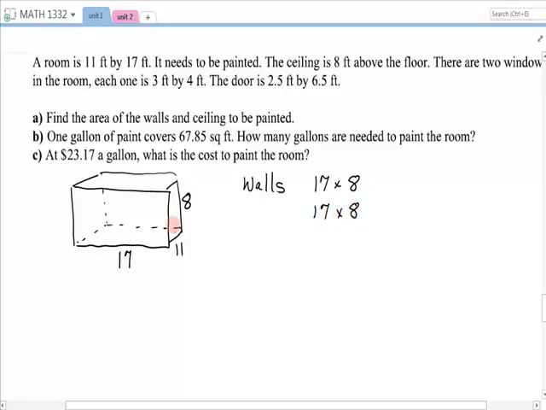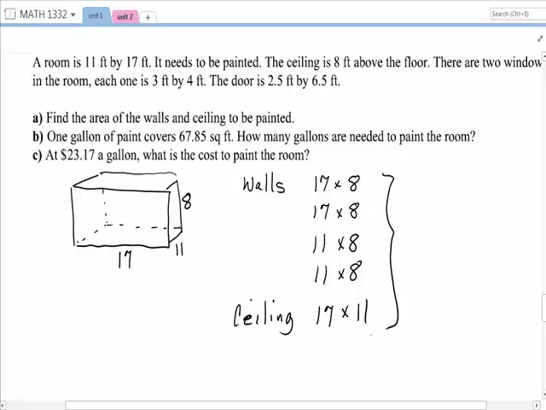And then I have the smaller walls that are what? 11 by 8? And then I've got to do the ceiling. What are the measurements of the ceiling? Isn't the ceiling the same as the floor? 17 by 11.